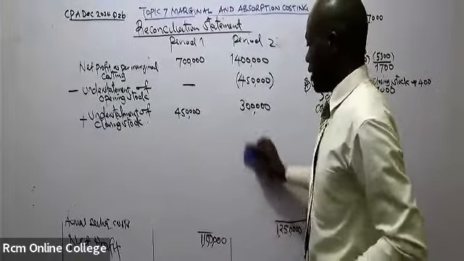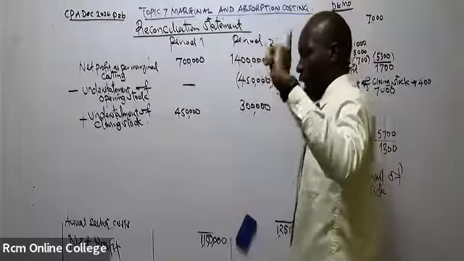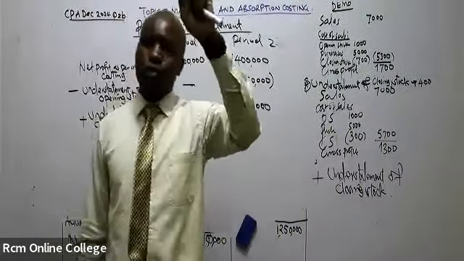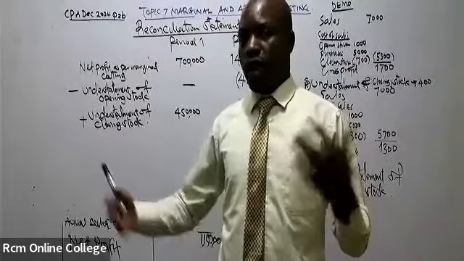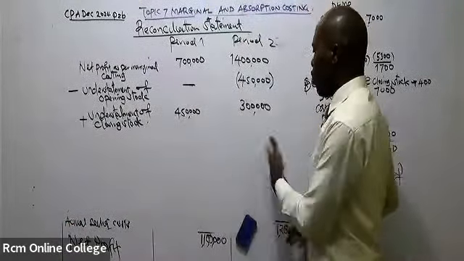I don't want you to be lazy, but I hope someone has been able to see a loophole there. Whatever is causing all this understatement is the fixed production overhead per unit. So if I have marginal costing net profit, I don't need to go through all these procedures.